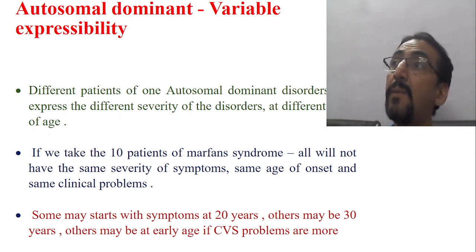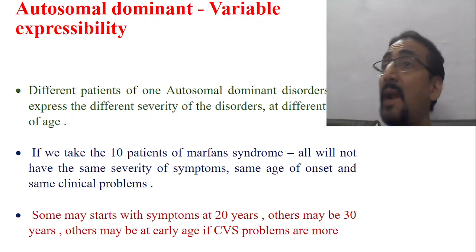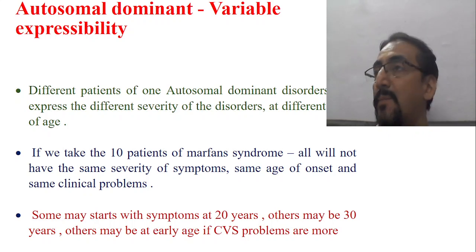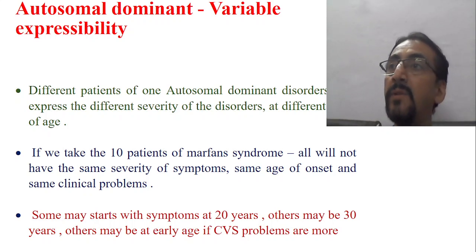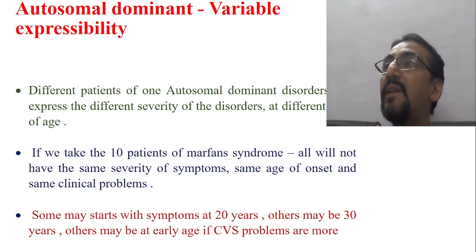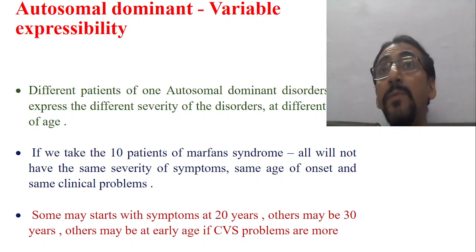Suppose he has only bony problem and no cardiovascular problem, then severity will be less, although he looks abnormal. If he has no visual problems and only bone problem, then severity is less. But if the other two systems are not much involved and the CVS is more affected, the patient will have more symptoms, because CVS is a very important system.